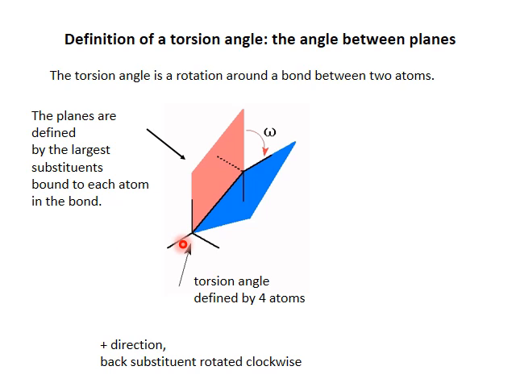You may recall how to define what a torsional angle is. You have to look down the axis of the bond upon which you're looking at rotation, and you can define the rotation based on plane. For example, look at this substituent here and its position down this sigma bond, this covalent bond, relative to this other substituent on this atom here. Think of this as an alpha carbon, and say that's your carbonyl carbon there.